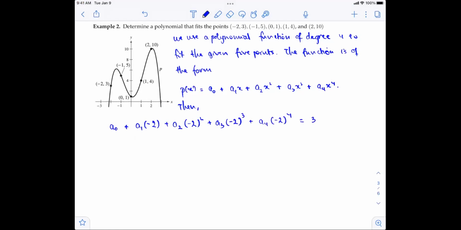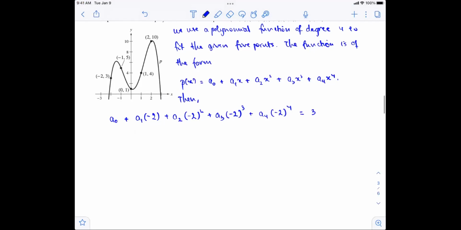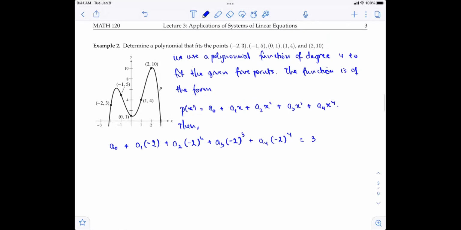And you have 5 points. That means you need to have 5 equations. All right, so the next equation is going to be for the point -1, 5.